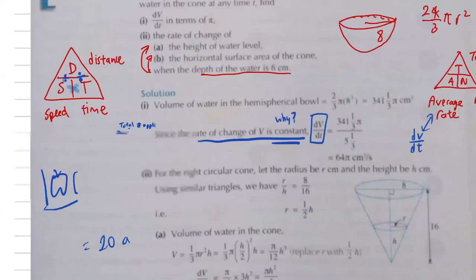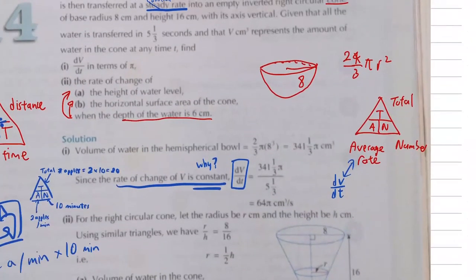So likewise over here, even though we say dV by dt, because it is pouring in the water at a steady rate, that means this dV by dt is the constant A here. You just need to take total divided by number and you get your answer. Total here is total volume, and the bottom here is total time.